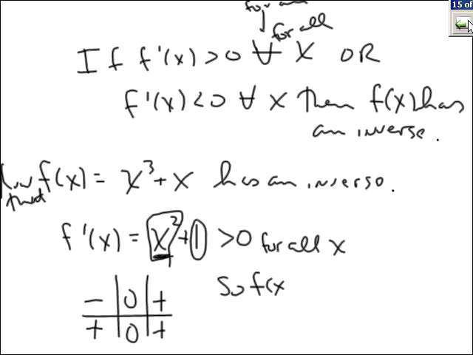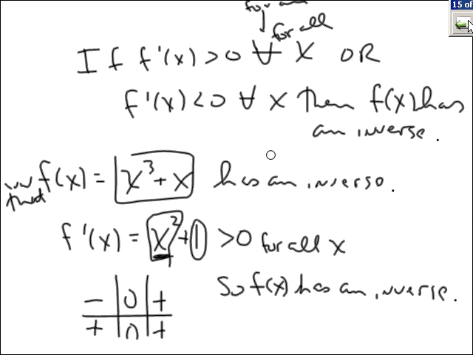So f of x. Oh, actually, I did have it. I just wrote the derivative down wrong. So f of x has an inverse. If the derivative is always positive or always negative, then it will have an inverse.